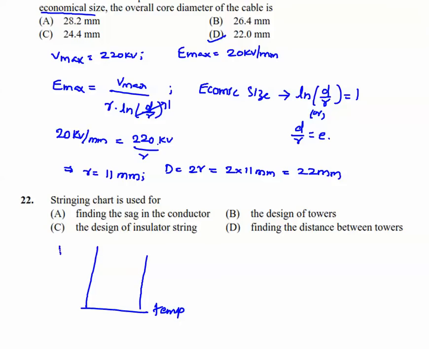So tension and sag here. Okay, so this is the tension curve like this, and this is the sag curve. As the temperature increases, sag will increase and tension will decrease.